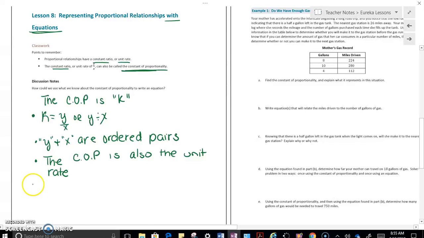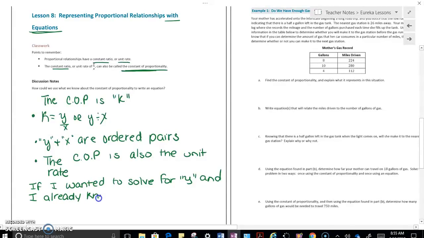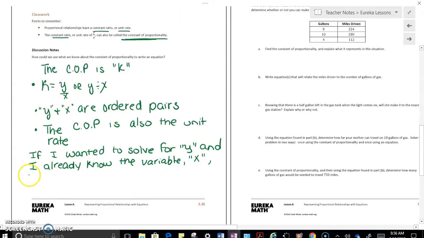If I wanted to solve for y, and I already know the variable x, what equation can I use to solve for y?